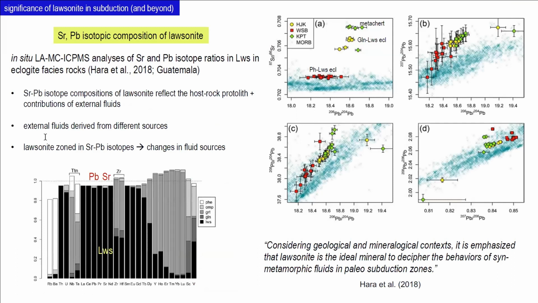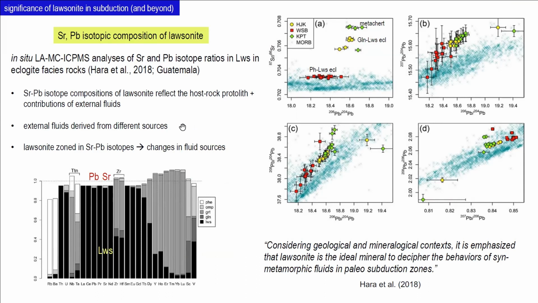Other isotopic studies of lawsonite, not just geochronology, but more as a geochemical indicator of processes. There's been some great work in the Guatemala area by Tatsuki Tsujimori's group, showing that the strontium and lead isotopes reflect not only the protolith, but also the contributions of external fluids. And that's sort of what we've been looking at too with other methods for lawsonite.